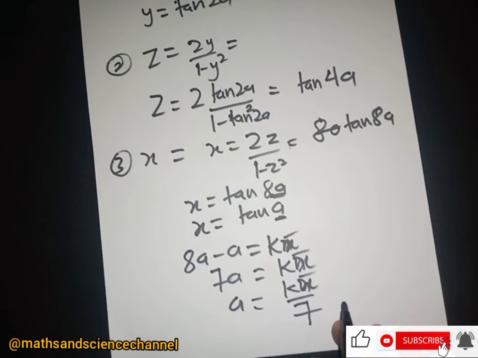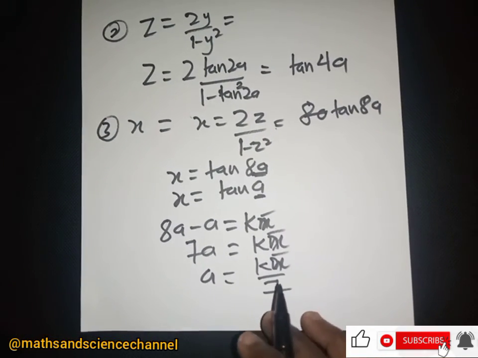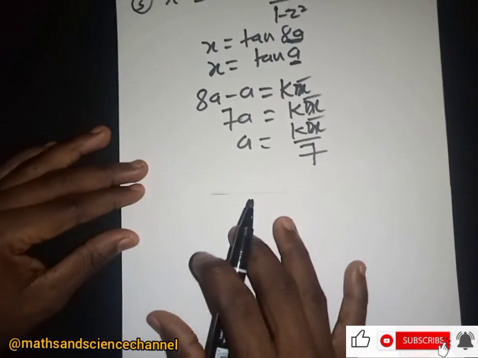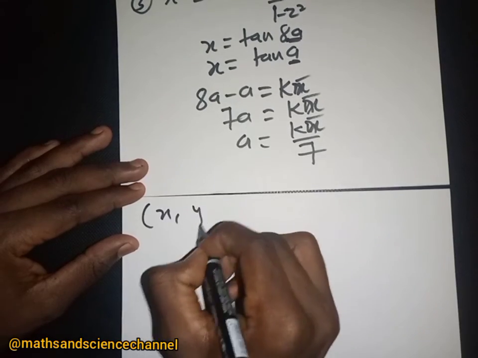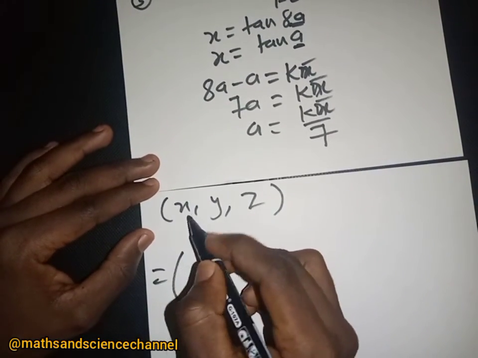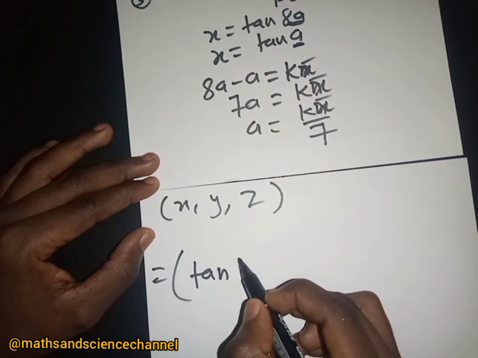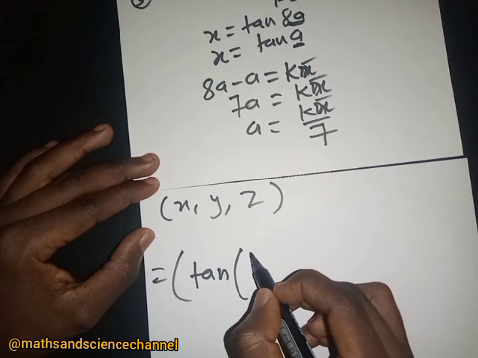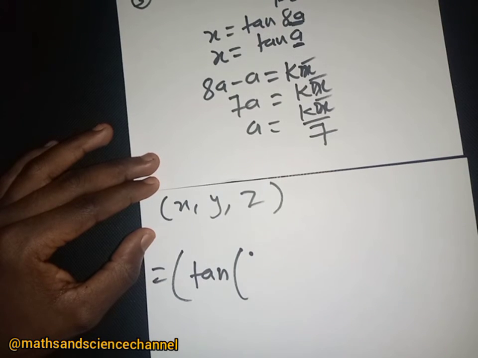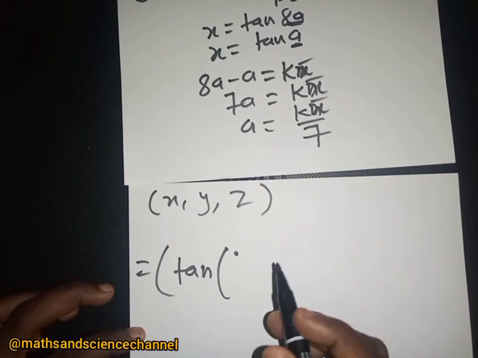So if this is what we have, then we can write the possible values for x, y, and z. Remember we said x equals tan a.